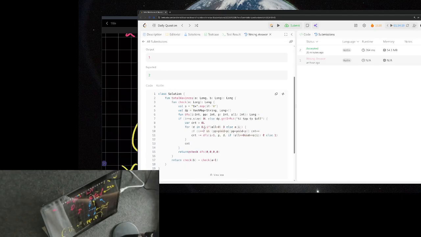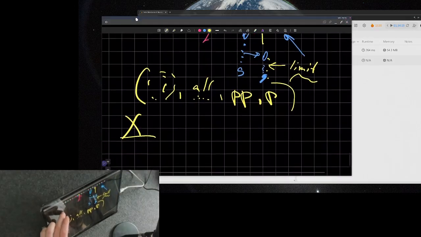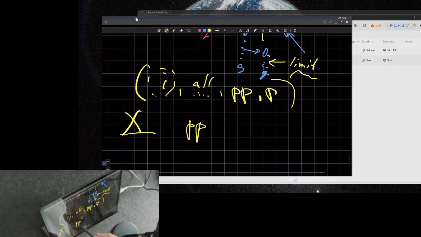For example, like this, the count. To count hills and valleys, you have to check whether your current digit is bigger or less than the previous.